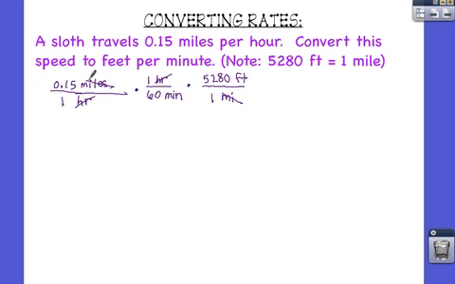So we can either multiply straight across the numerator and denominator and reduce afterward, or we can start to cross-reduce first. So I'm going to actually cross-reduce first to try to make some of these numbers a little bit easier. So notice how we have 5,280 on the top and 60 on the bottom.